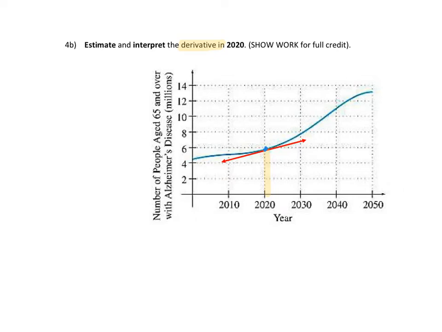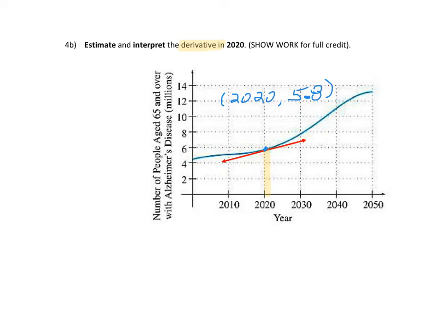And that little blue point appears to be, for the year 2020, the y value appears to be just less than 6, so we'll call that maybe 5.8. Now, if you decided it was a different value, you could use a different value, but I'm trying to give as close an estimate as I can.